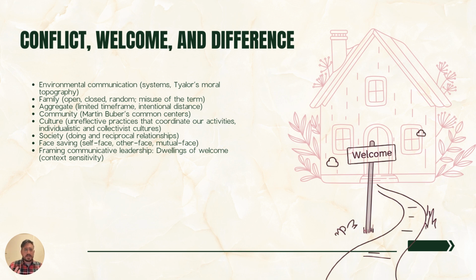Aggregate, this is another style of communication, and usually aggregate communities center around limited timeframes, and there's some intentional distance, right? So this could be a sports team or a certain class, something that's meeting for a short period of time. Like here in this classroom, we have an aggregate community where there's a limited time frame.